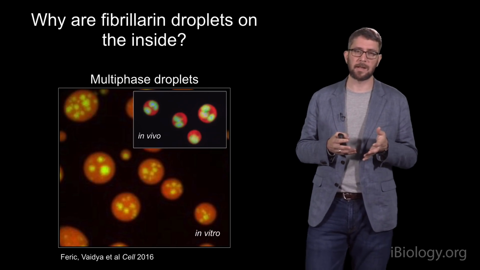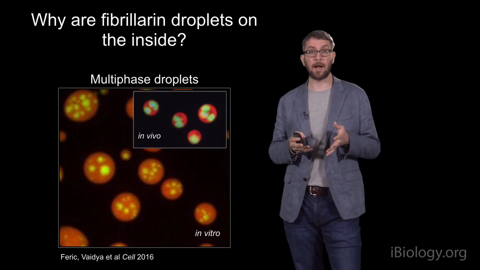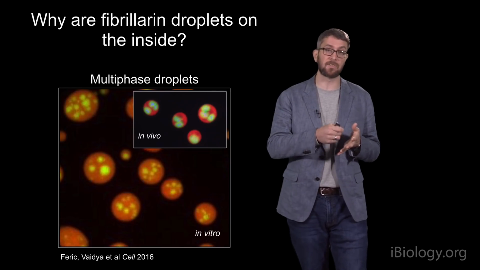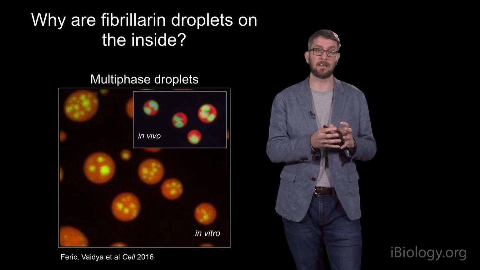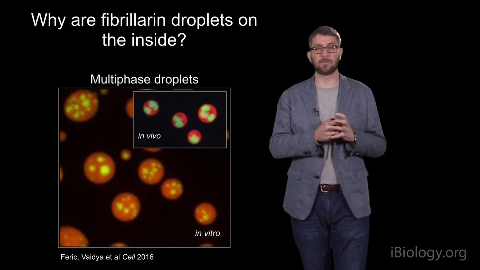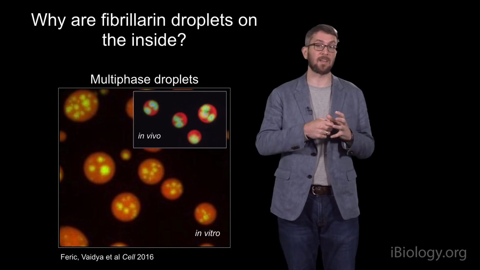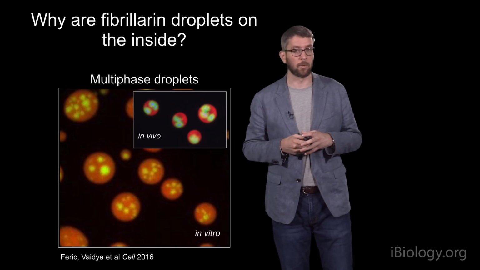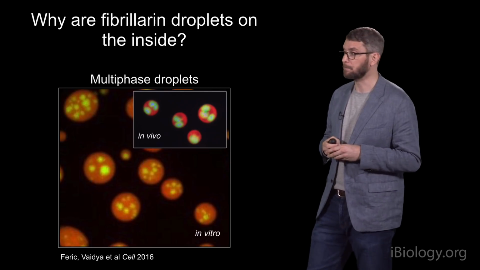From the biology perspective, that would probably be a problem, because the processes associated with the fibrillarin-dense condensed state take place first, and the idea is that those RNA transcripts are processed in a sequential fashion, inside to outside. So if the order weren't right, that would probably cause problems for the biology.